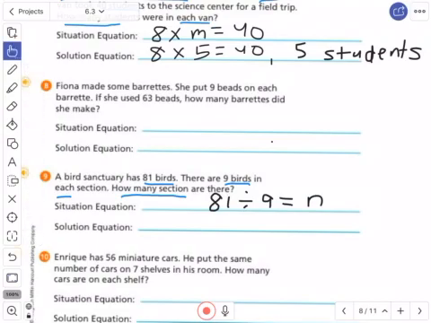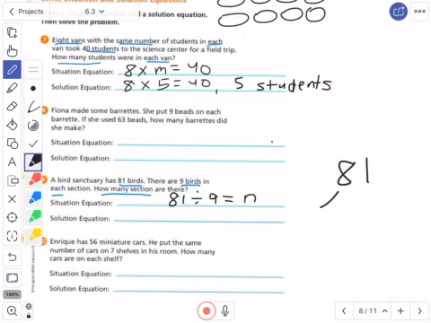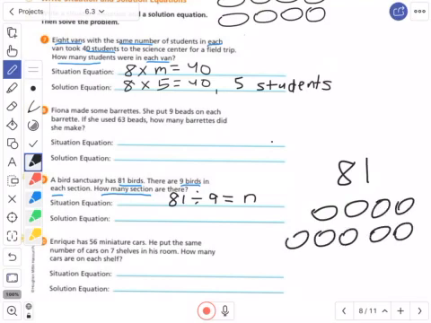And I can think about it like this too. I have 81, and I'm going to split this into a bunch of groups. I kind of treat it a little bit like a math mountain, but not quite. But I like to draw my pictures like this. 1, 2, 3, 4, 5, 6, 7, 8, 9.